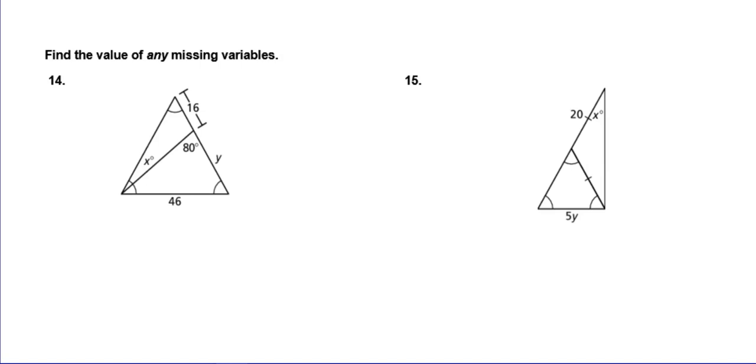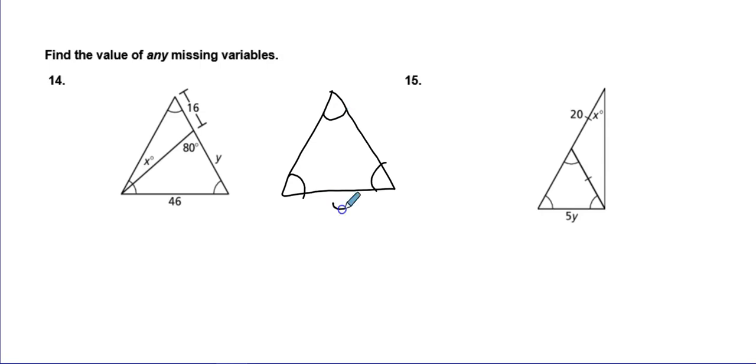All right, find the value of any missing variables. Okay, a lot going on here. So, right off the bat, if you look at the big triangle first, forget about that line in the middle, we see this and this are marked equal, along with this. So we have an equilateral triangle, which means all the sides are the same.